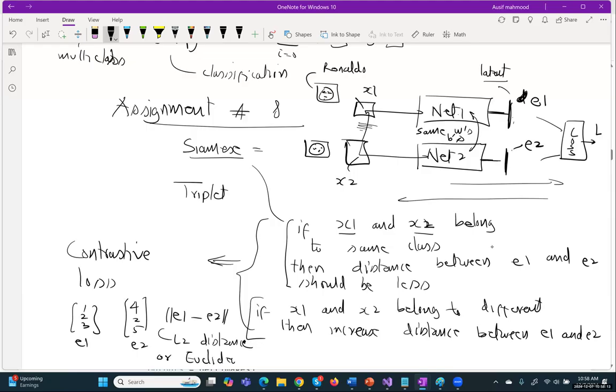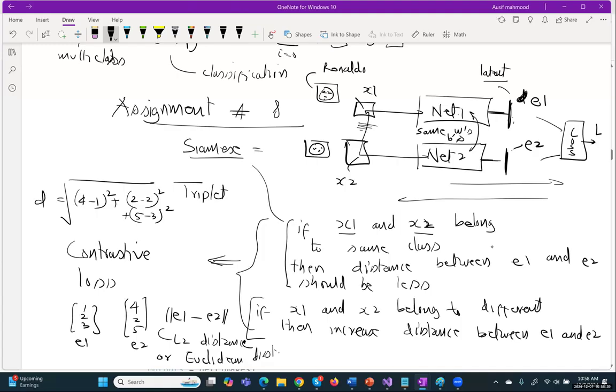Both mean the same thing. How do we calculate it? If E1 is 1, 2, 3, it's very easy: (4 minus 1) squared plus (2 minus 2) squared plus (5 minus 3) squared, and square root. Whatever that number is, that's our distance.